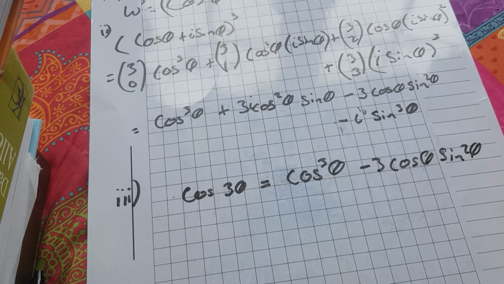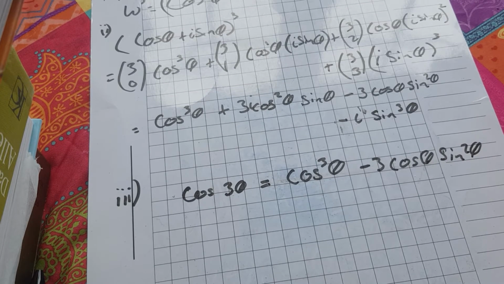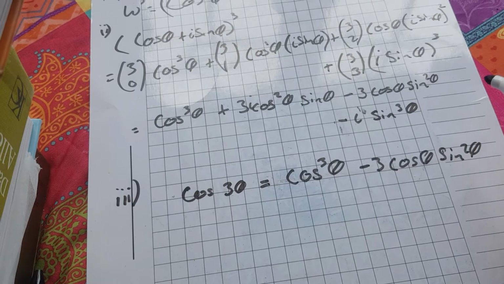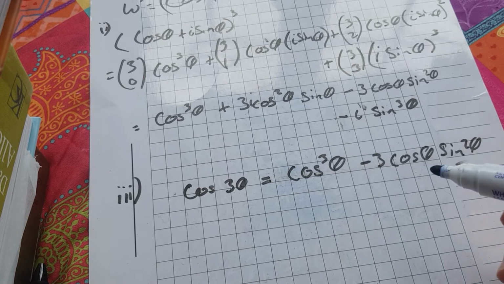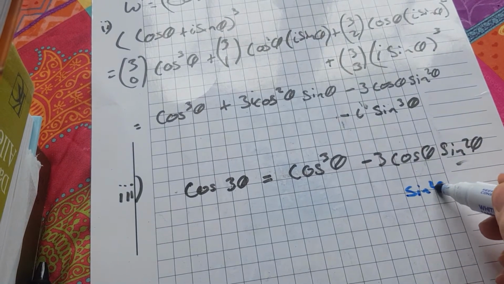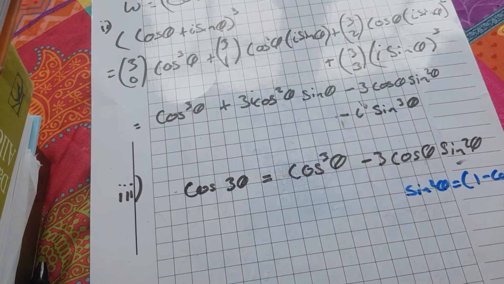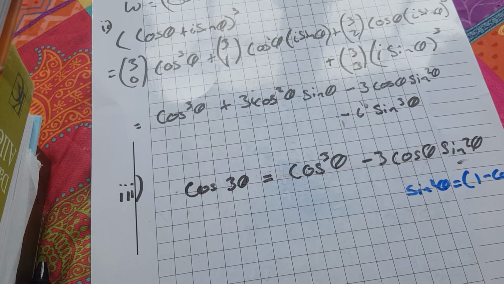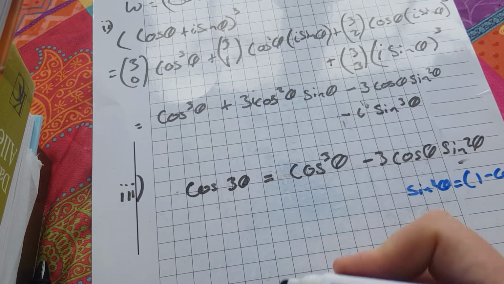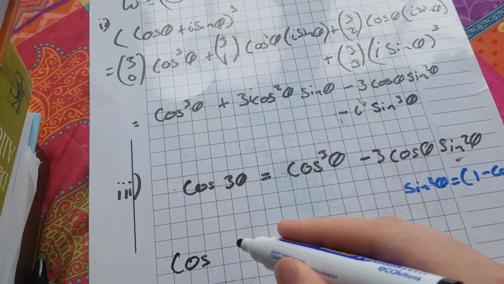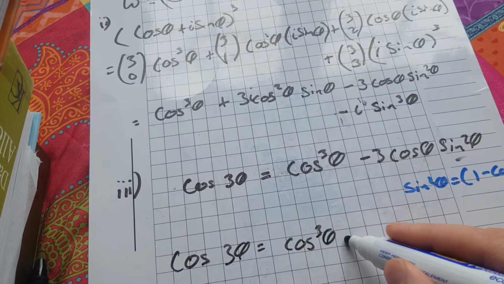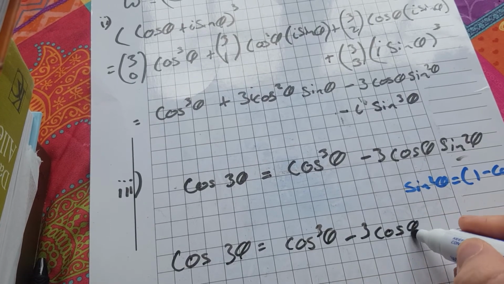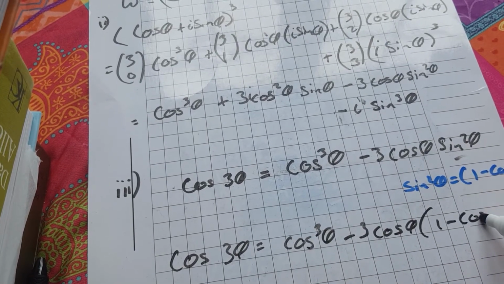Okay. Prove the identity. Right, so I don't want the sine squared. So I'm going to use the fact that sine squared theta is 1 minus cosine squared theta. So that means that cosine 3 theta is cosine cubed theta minus 3 cosine theta by (1 minus cosine squared theta).